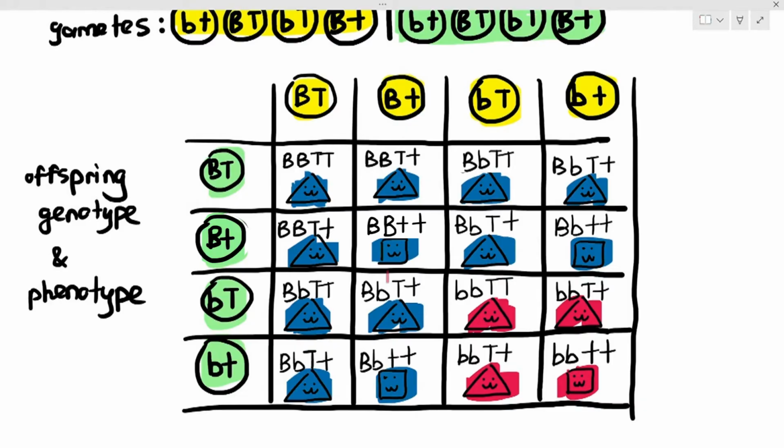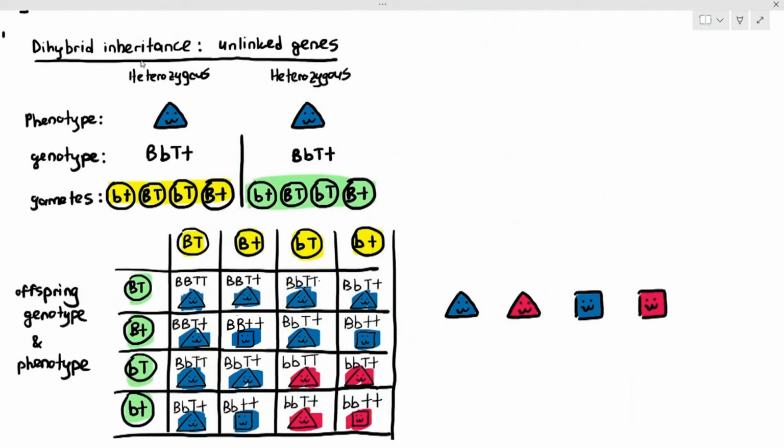Okay, and then more importantly, when you look at the offspring phenotypes, you can get 4 possible phenotypes in the offspring: blue triangles, red triangles, blue squares, and red squares. So count out the possibility of getting a blue triangle, 9, red triangle, 3, blue square, 3, and red square, 1.